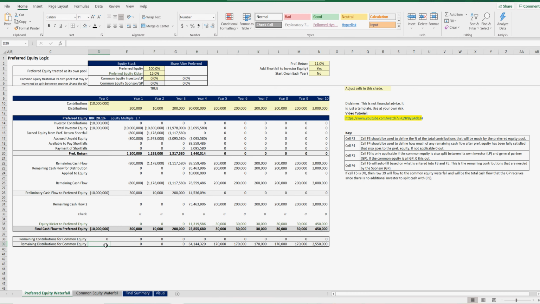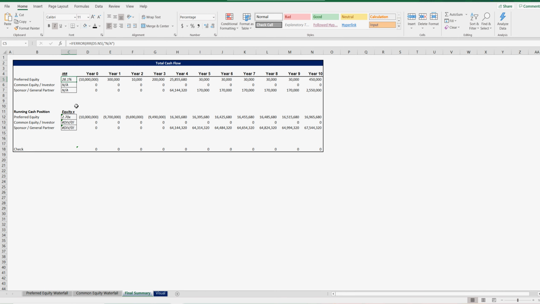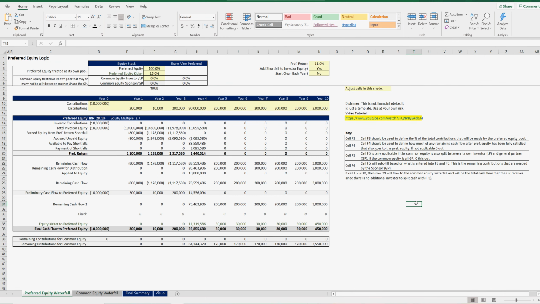There's just equity multiple and internal rate of return for the pref. Since no other equity was contributed, these would just be NA, which is completely normal, and then this is the cash distributions. So this should work in a vast majority of cases. All you have to do is plug in the contributions and distributions here, and away the logic goes.